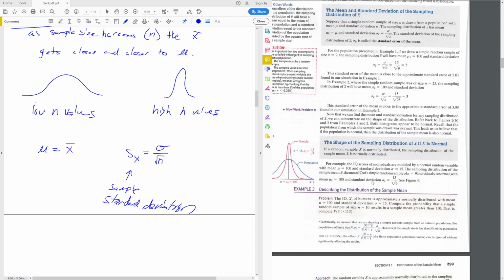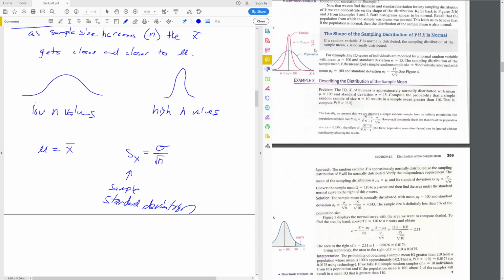And so here's a good visual of that, right? You have a population with parameters mu and sigma, and then you have your sample mean distribution. And it's centered at that same place. Both have the same average of 100, but as that sample size increases, it kind of squishes into the middle, right? It's a nice way of thinking about it.